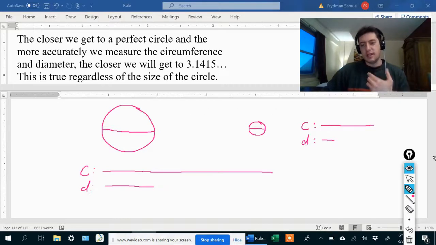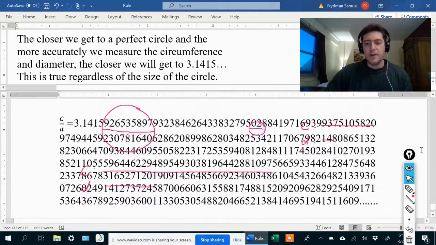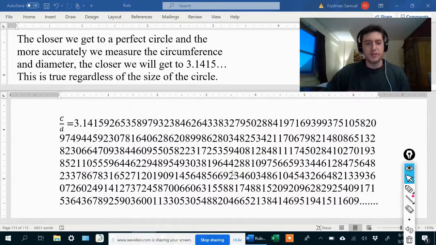It's a number which goes on and on forever, but it's still just a little bit more than 3. Even though it's got a lot of digits after the decimal point, it still is just a little bit bigger than 3. And again, that's true regardless of how big the circle is.